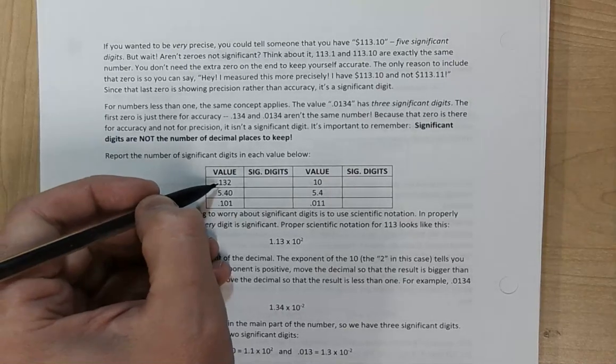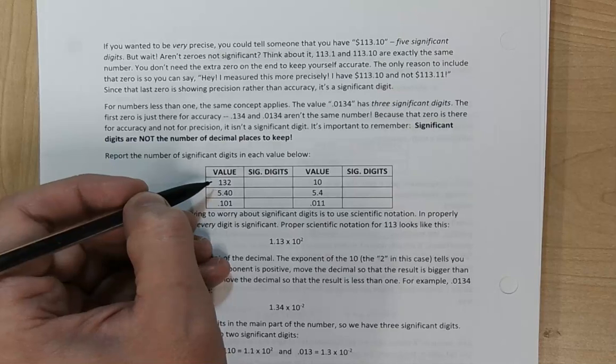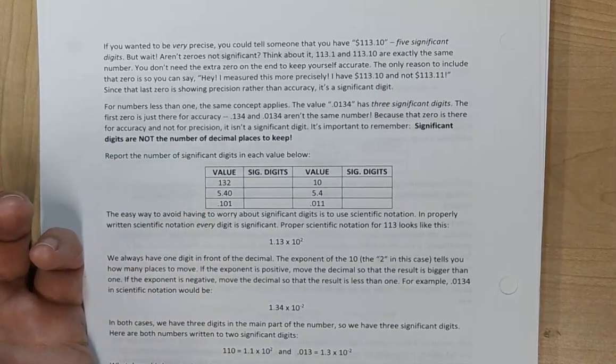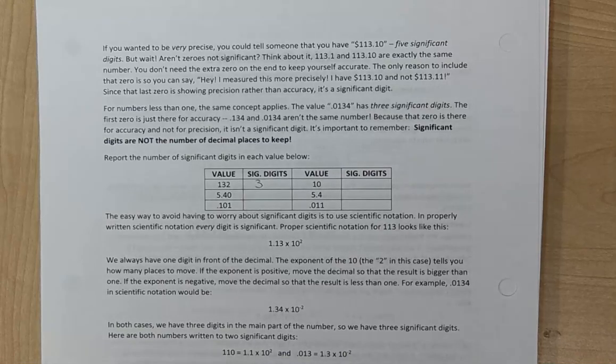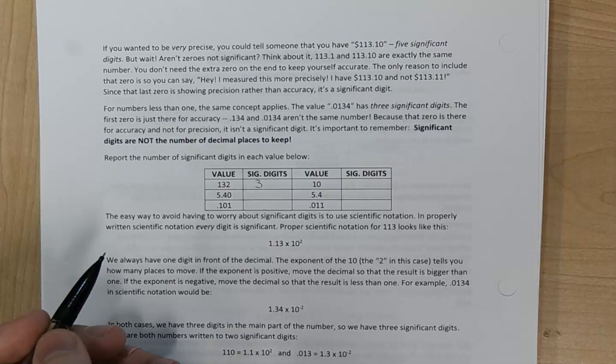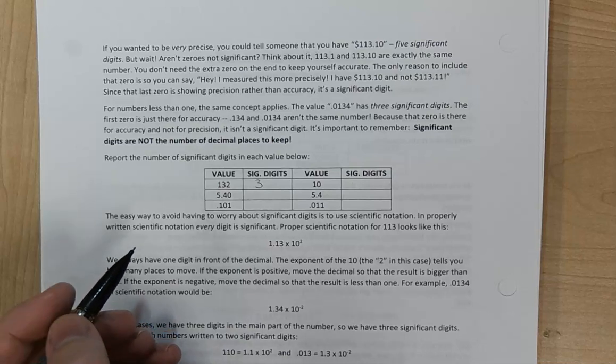Okay, so for the first one here, pretty easy, right? 132 has 3 significant digits. Remember that significant digits are all about reporting the level of honest accuracy for a given number.